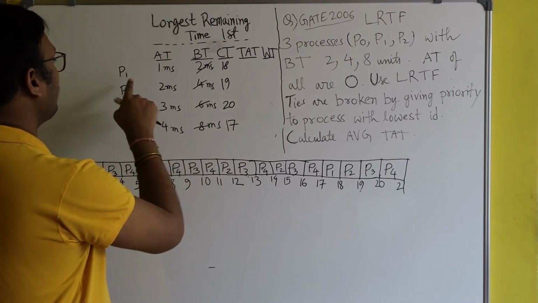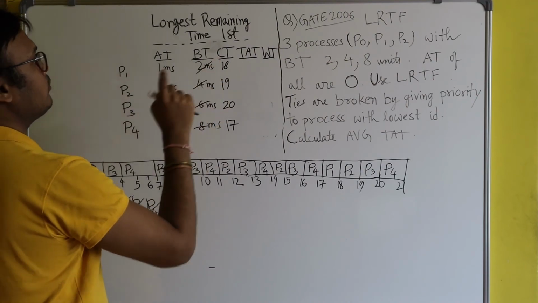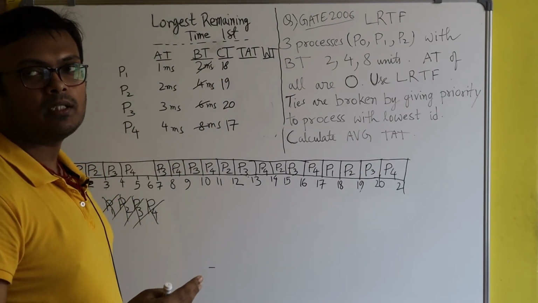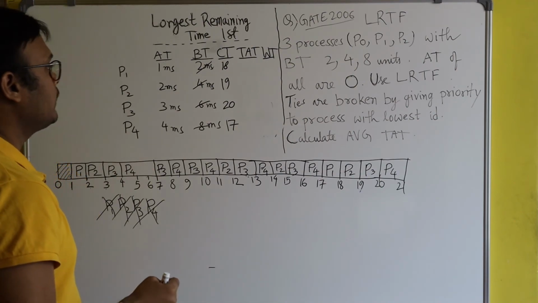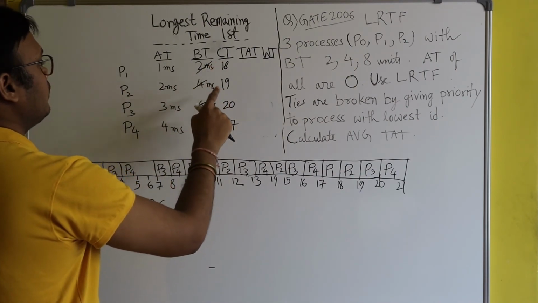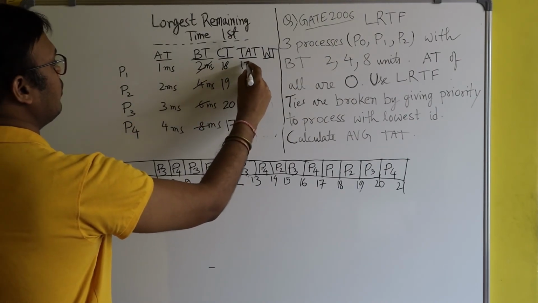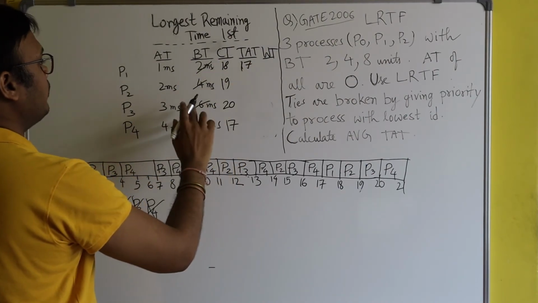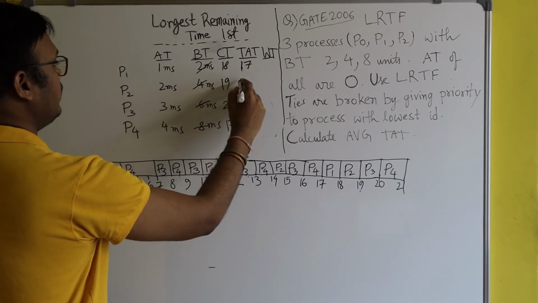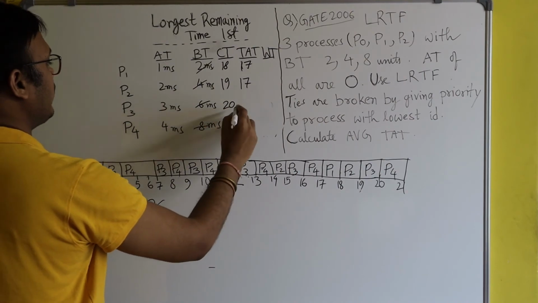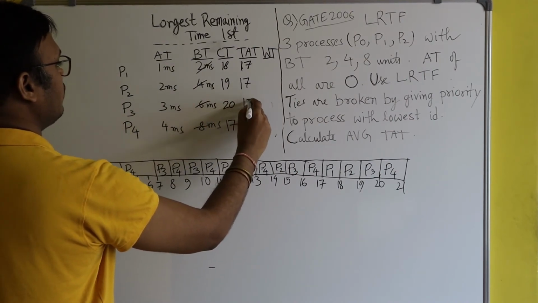Now let's calculate the turnaround time. What's the formula for turnaround time? Completion time minus arrival time. For P1, it will be 18 minus 1, 17. For P2, it will be 19 minus 2, 17. For P3, it will be 20 minus 3, 17.